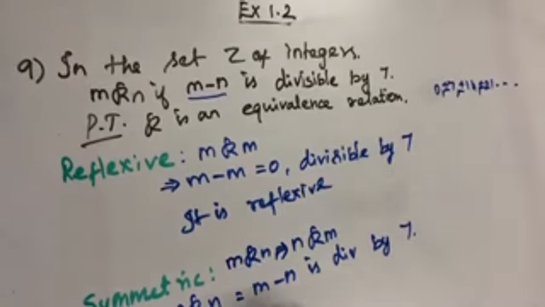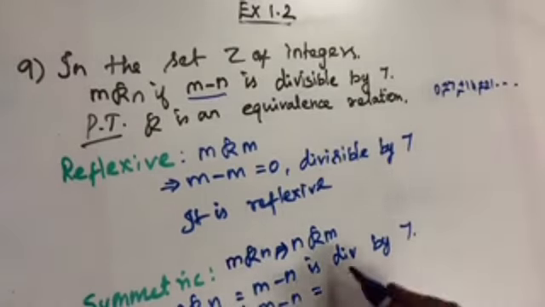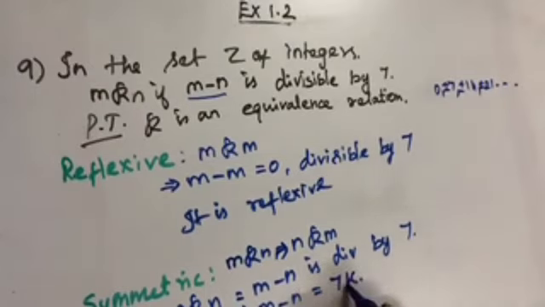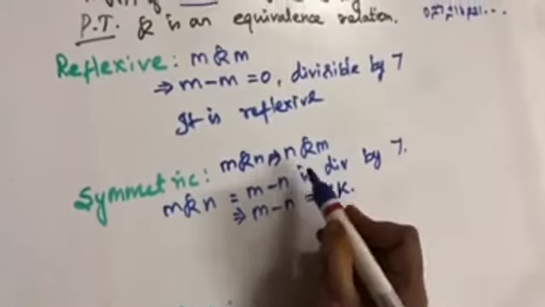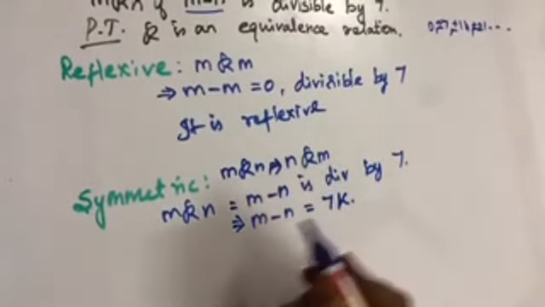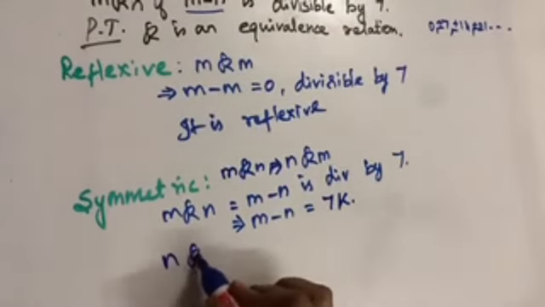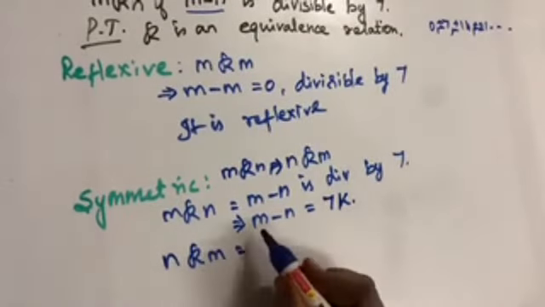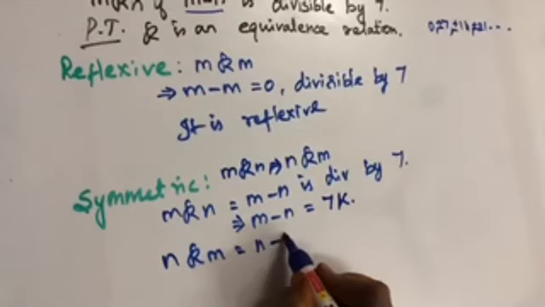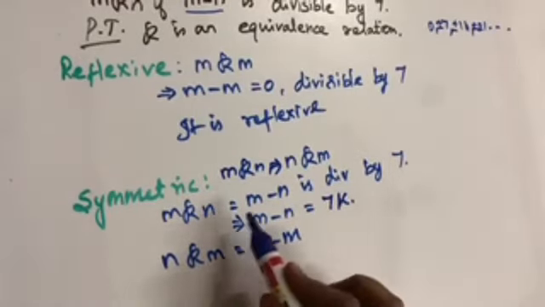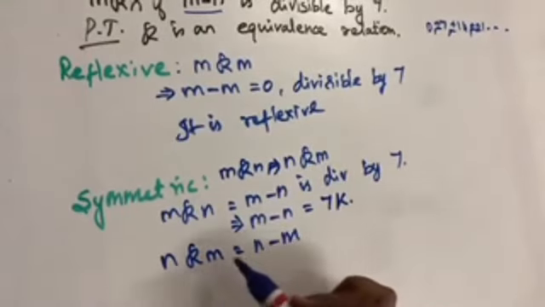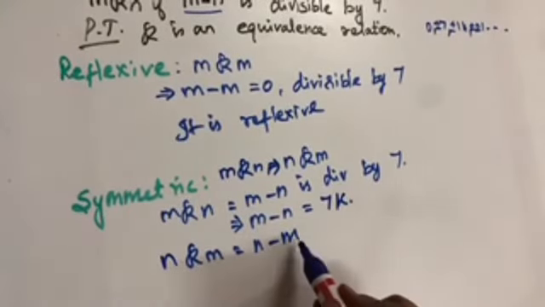That means m minus n is equal to some multiple of 7, that is 7k, some multiple of 7. Okay, now we have to prove n is related to m. So n is related to m means n minus m. M is related to n means m minus n. So n is related to m means n minus m.